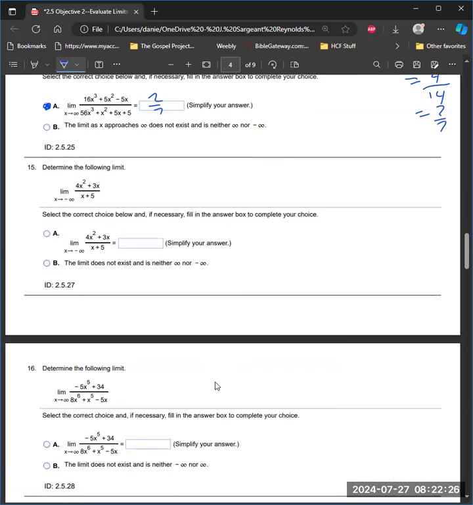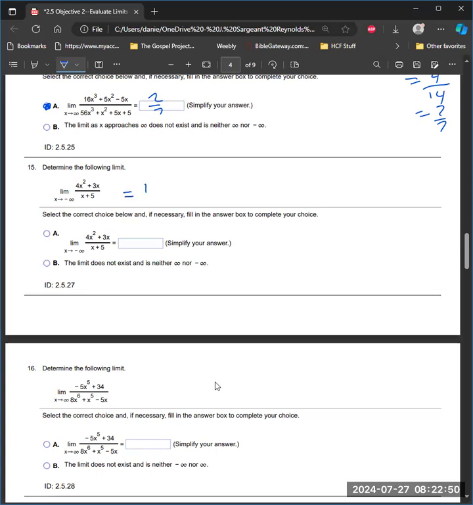Now let's go ahead and look at this limit as I go to negative infinity. Degree of the top is greater than degree of the bottom. Let's go ahead and use the same technique though to get rid of the x in the denominator. I'm just going to multiply this by x to the negative first, top and bottom.